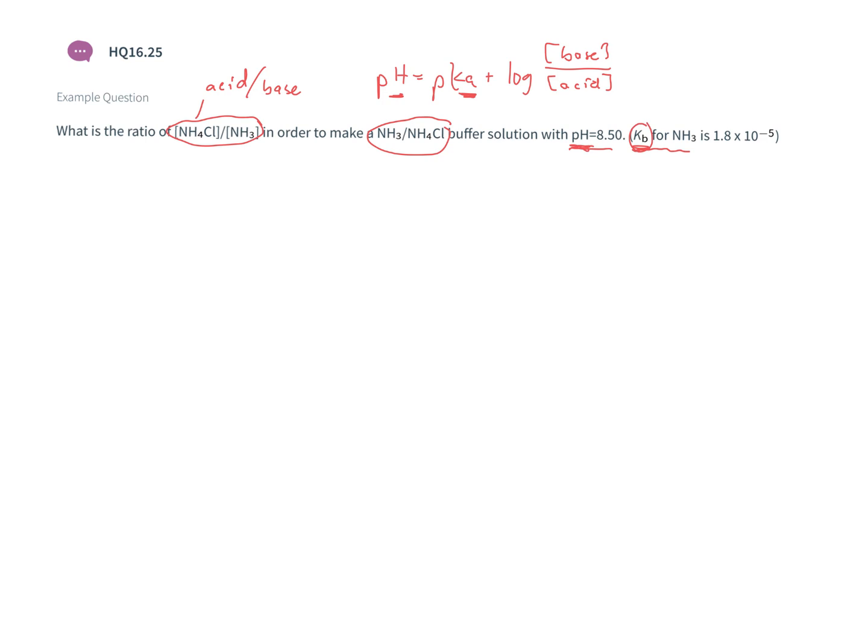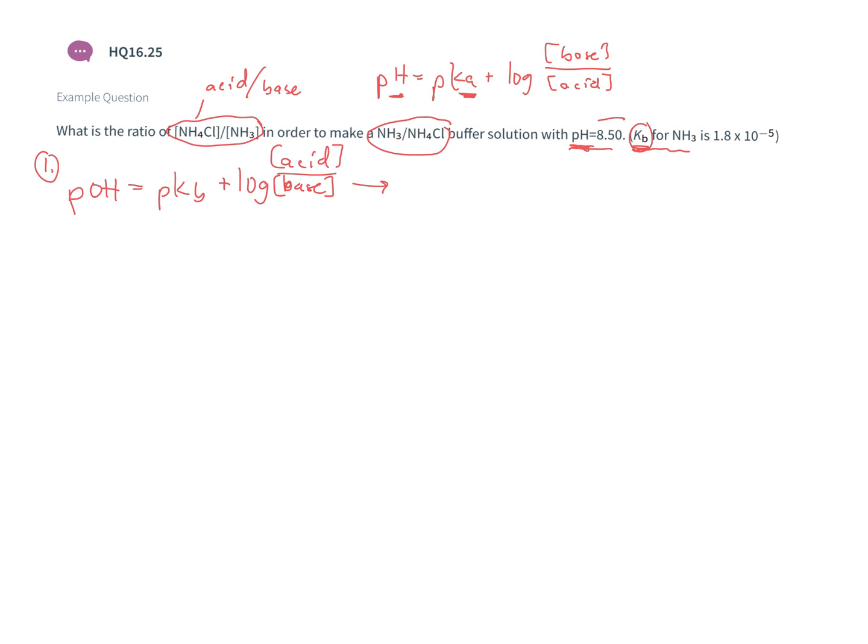So I can go find Ka to do that, or I can use the other version of the Henderson-Hasselbalch equation: pOH equals pKb plus the log of acid over the base. And so I'm going to do this calculation both ways.